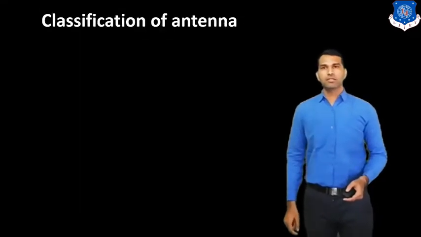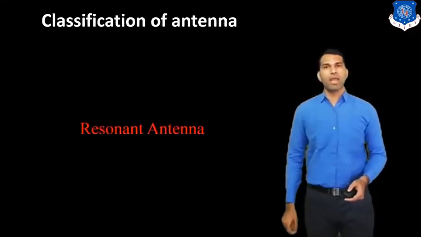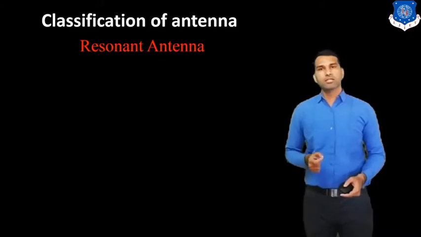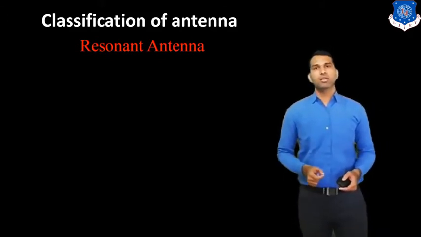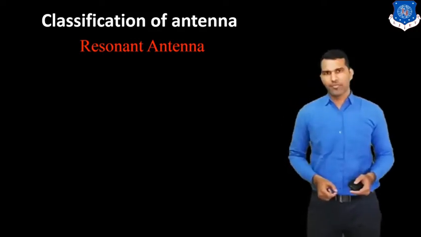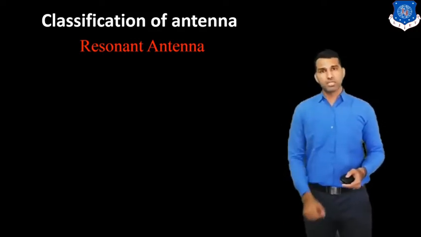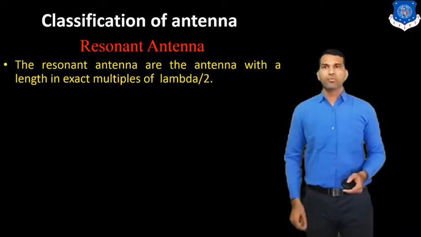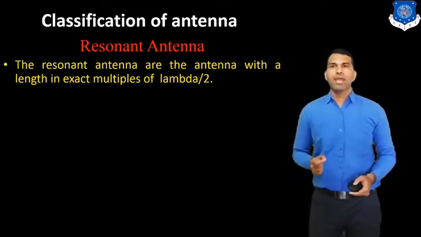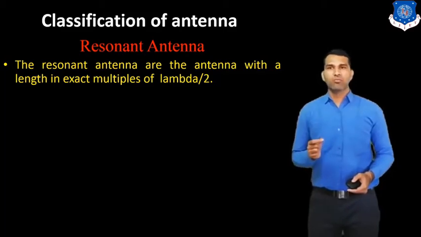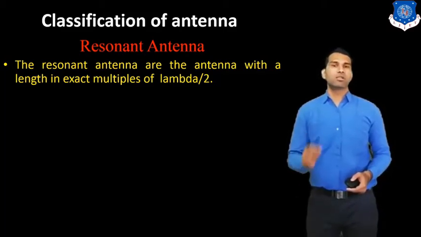Now the next classification of antenna is based on resonant and non-resonant antennas. First we understand what the resonant antenna is and what its properties are. Resonant antennas are antennas with a length in an exact multiple of lambda by 2.